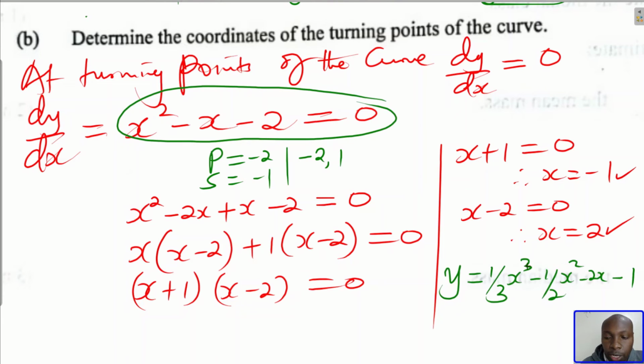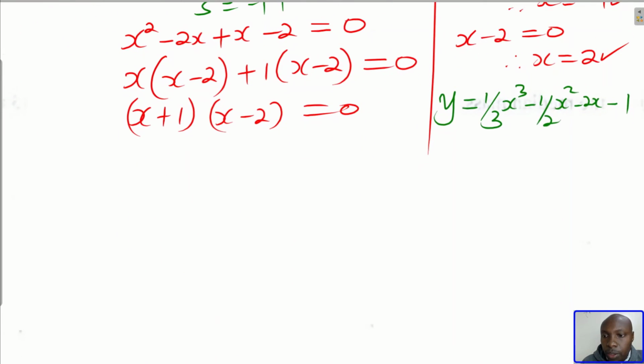So this function, when we substitute these values of x, we shall get the corresponding y values. So let's go directly to the first one.